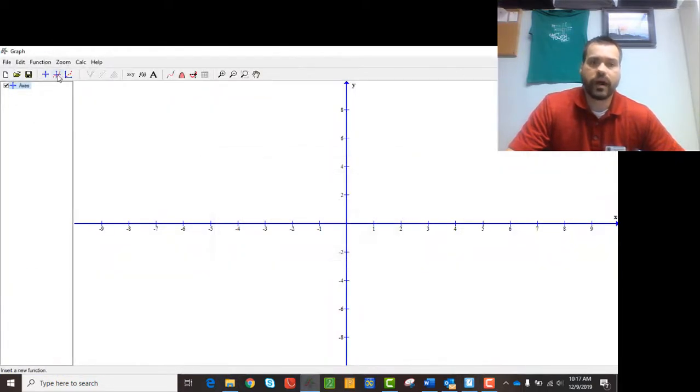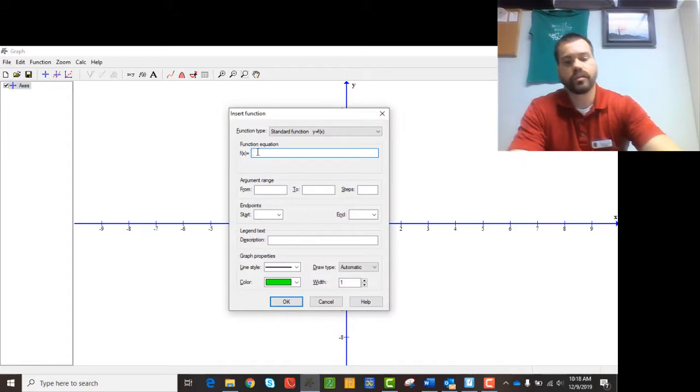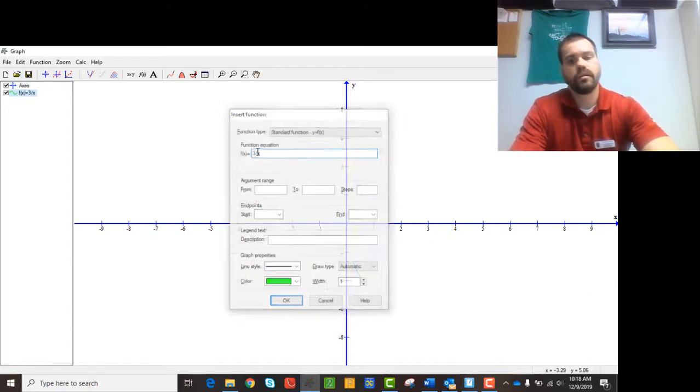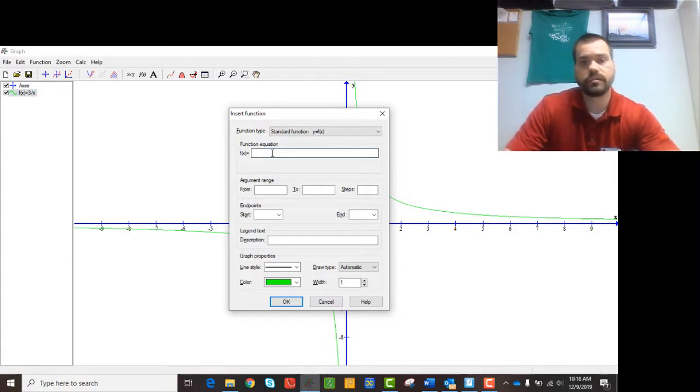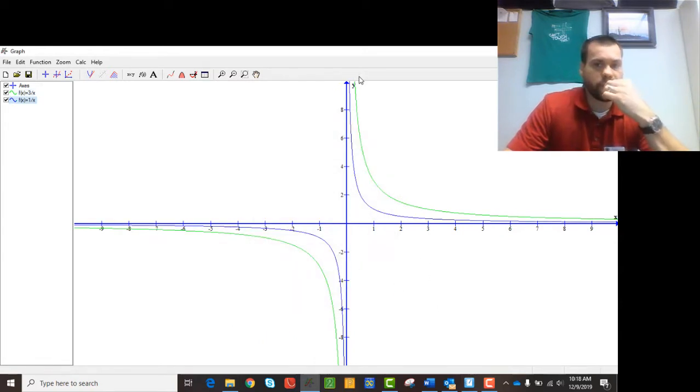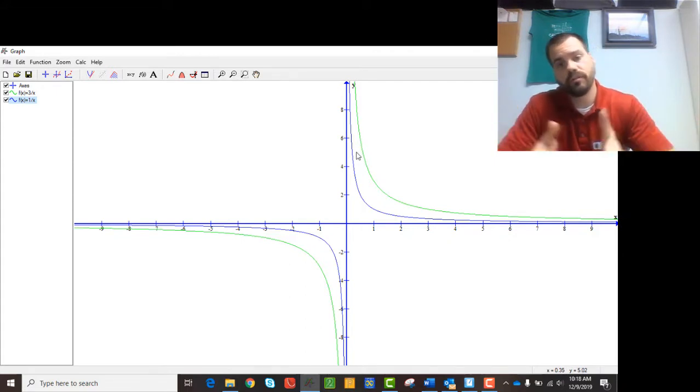If I was to graph, let's say 3 over x, it looks like this in comparison to just 1 over x. And we'll make that a different color so you can see the difference. So it gets wider here, or it drops a little less steeply, I guess, for lack of a better term. So you can see the difference there between 1 over x and 3 over x.